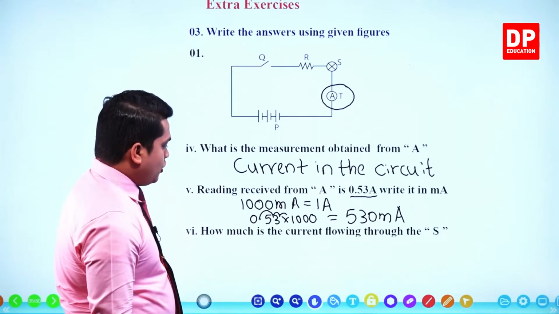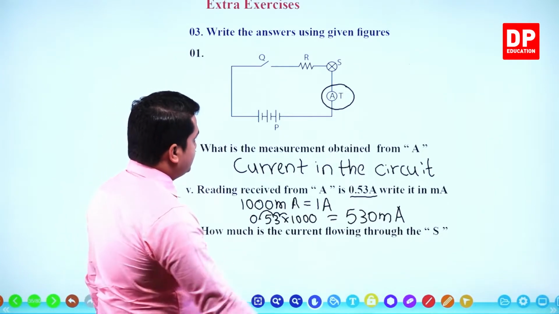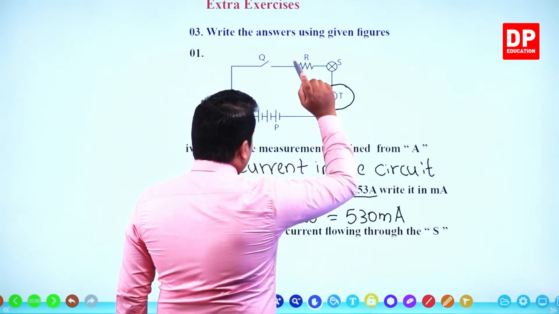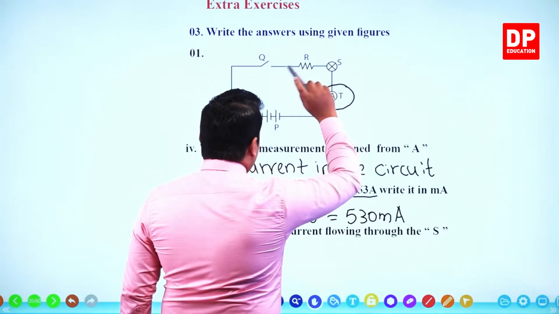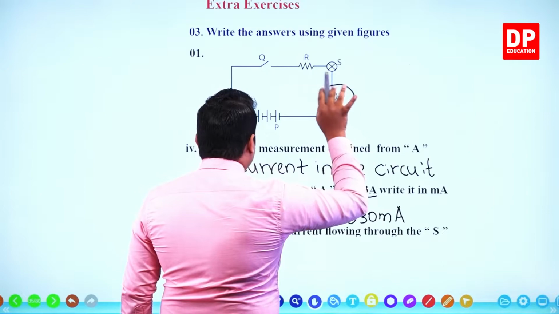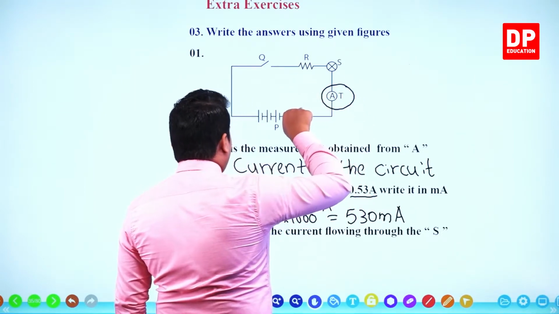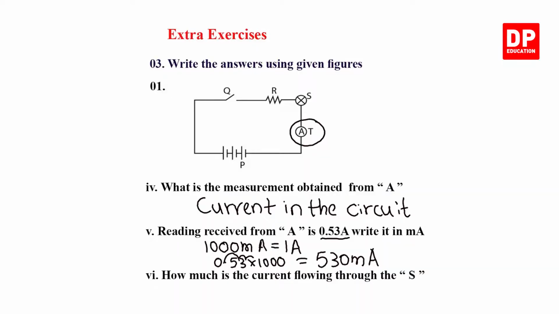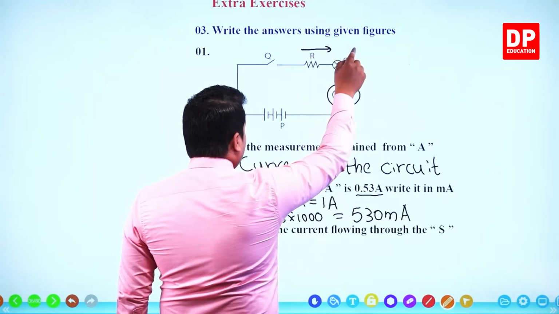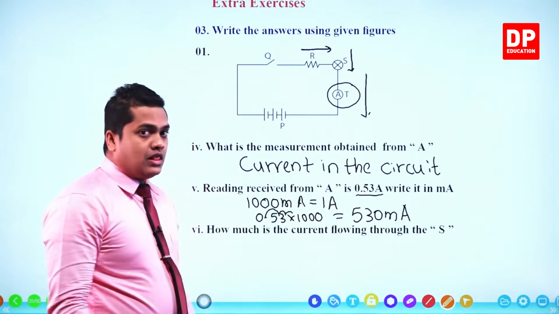Then next one, how much is the current flowing through S? S is the bulb over here. Ammeter and S both are series connected. So each and every electrical charge which is flowing towards the R, towards the S, is also going to flow towards the ammeter as well.